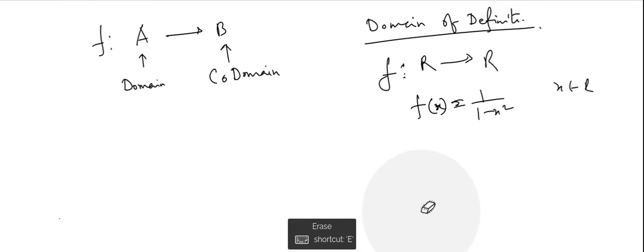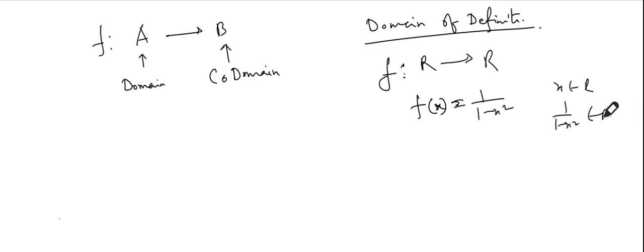1 minus x square is always a real number, then 1 by 1 minus x square is another real number. So this is the function from real number set to real number set. Now if we put x equal to 1 here, then f(1) equal to 1 by 0, which is not a real number. This is infinity. So we have to exclude the point 1 from the domain.